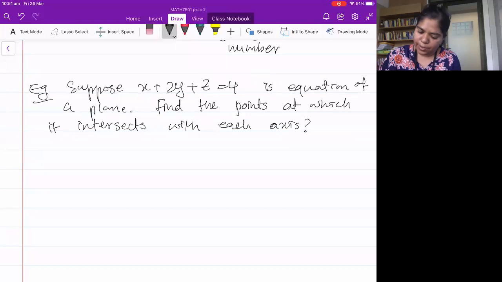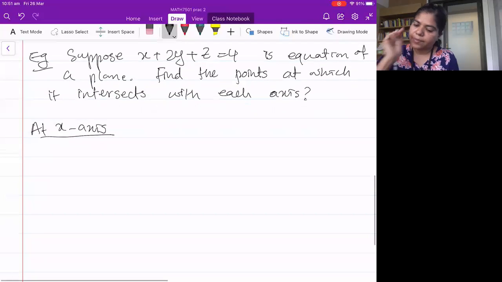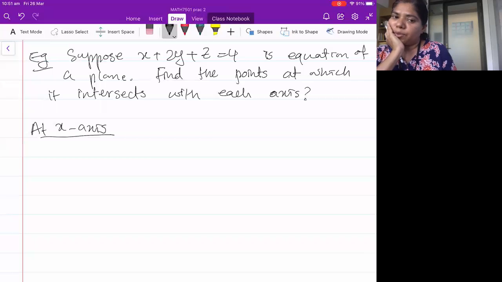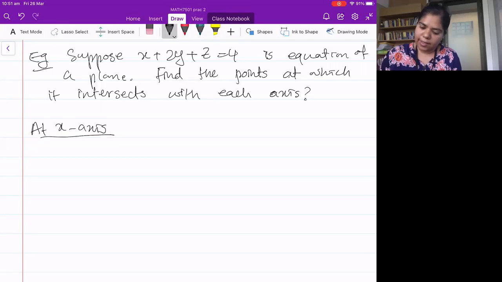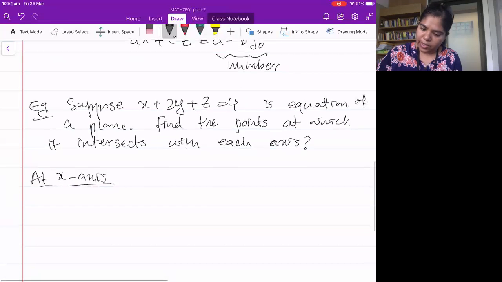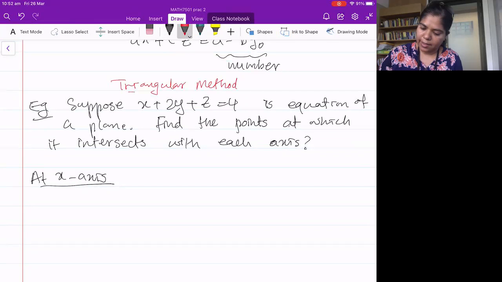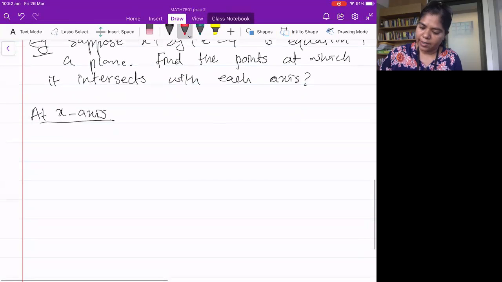Okay? So at the x-axis, this is how you would draw the plane by hand. This is called the triangle method. It would uniquely define the plane, the equation of a plane.